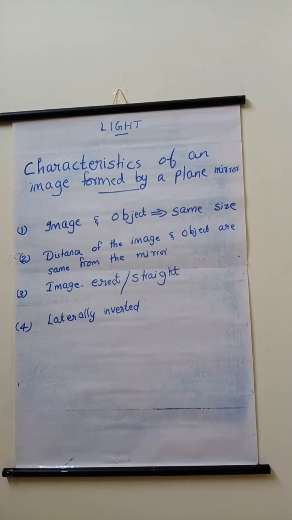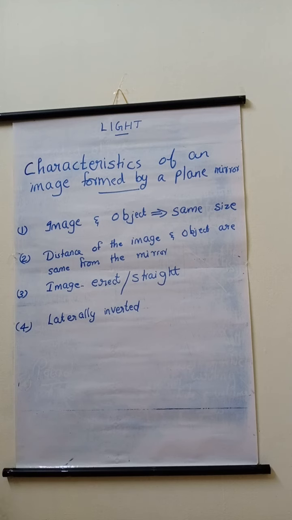Second point is that the image formed is as far behind the mirror as the object is in front of it. That is, if the object is moved closer to the mirror, the image moves equally closer to the mirror. If the object is moved away from the mirror, the image also moves equally away from the mirror.